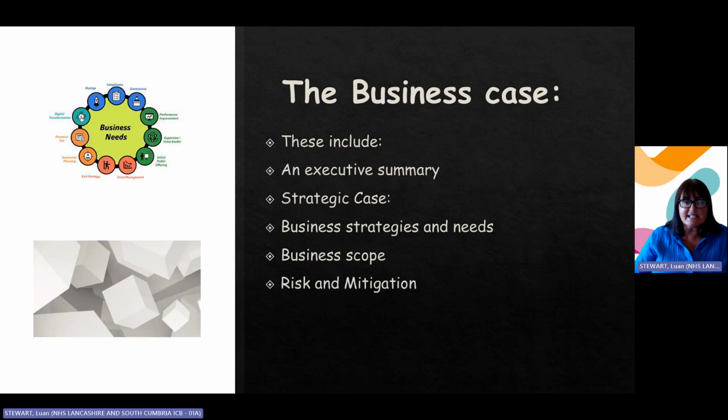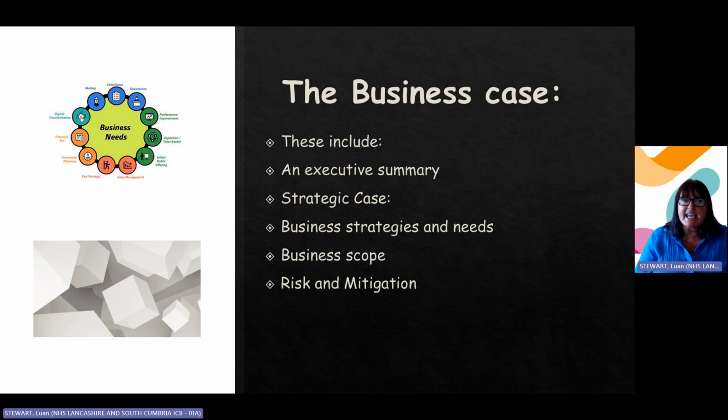So all business cases, regardless of size, will include an executive summary. It might be a much larger executive summary in your bigger business cases. It might be a very small one, in a localized one, down to a line or two and a plan on a page, which, as I said, we'll discuss later.